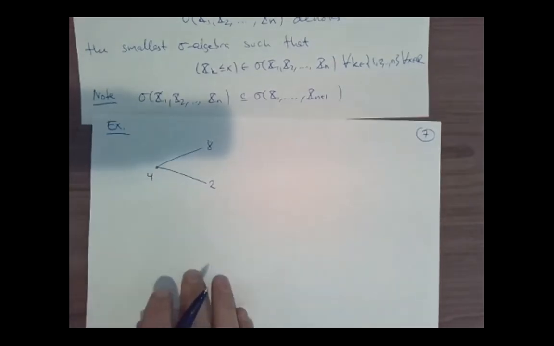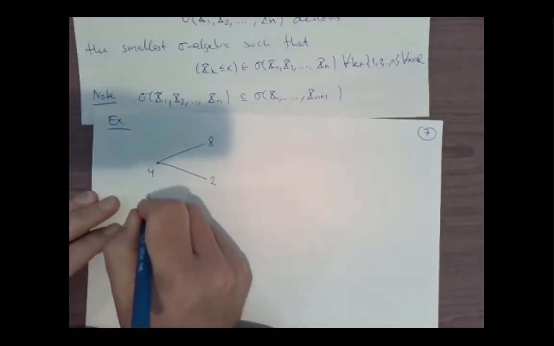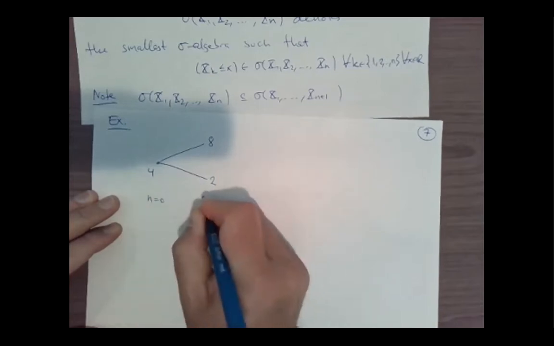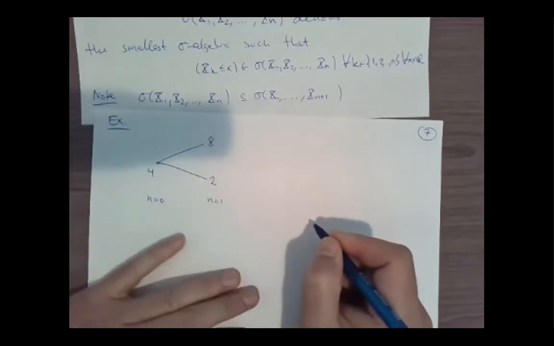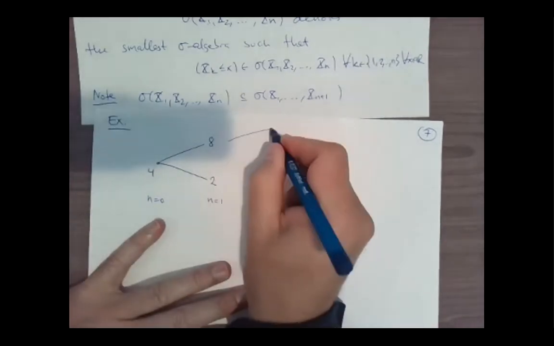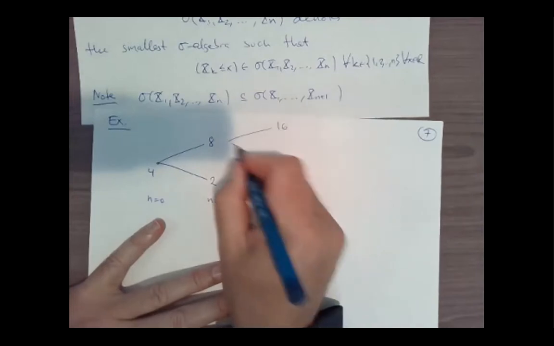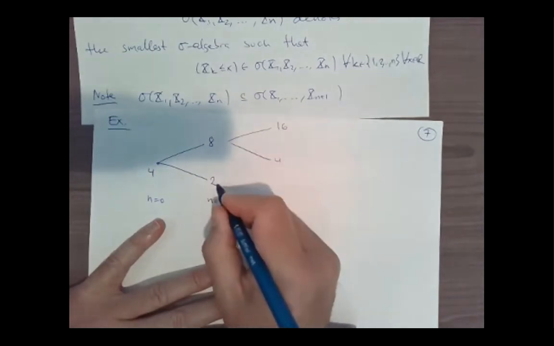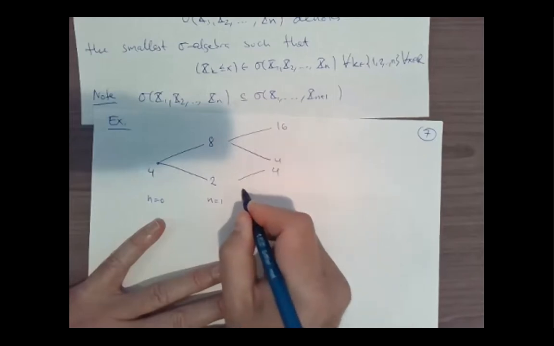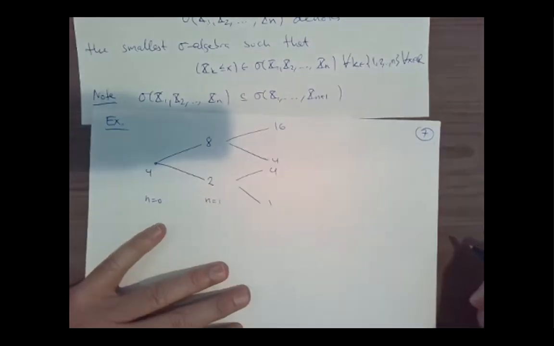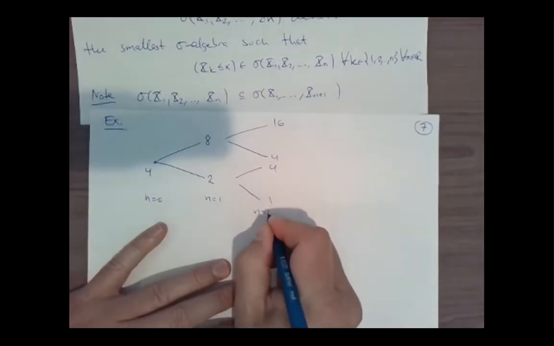Instead of just having 1 period, let me make it a 2-period model. So over here, we will allow it to go up to 16, back down to 4, and from the lower node, back up to 4 and back down to 1.